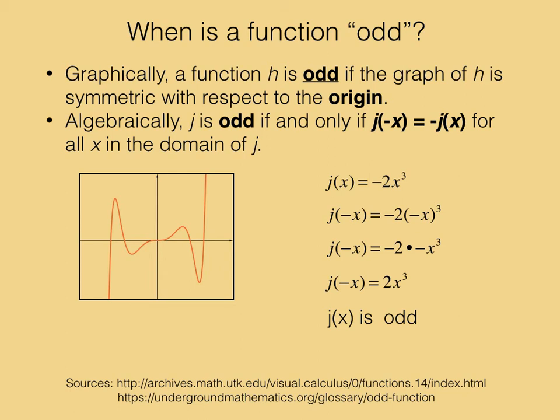If you were to find individual points on this curve, you would notice that if you look at a point like (x, y), you would find that another point, (negative x, negative y), is also on the curve. So this particular function, h of x, is odd.